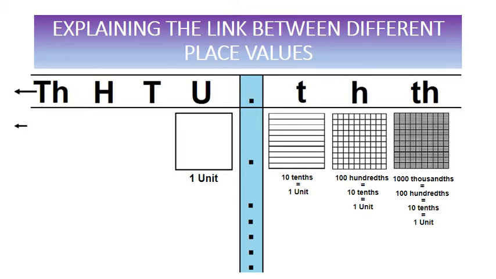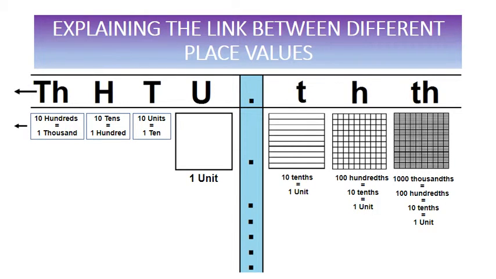Then if we look to the other side of the decimal point, to our whole numbers, we can see that if we had 10 of those units, I haven't shown them here, but imagine there are 10 of those, that would be the same as 1/10. Then 10 tens is the same as 100, and 10 hundredths is the same as 1,000, and so on. So this is the basis of our metric system.